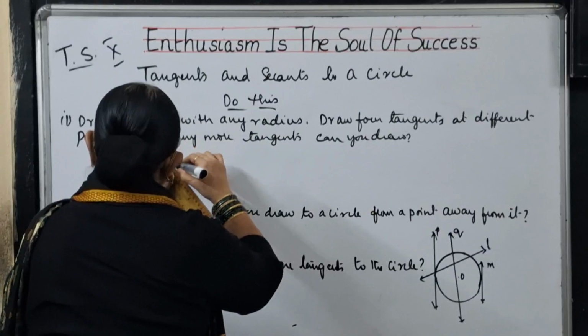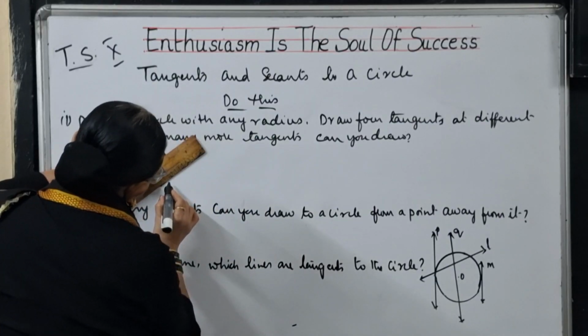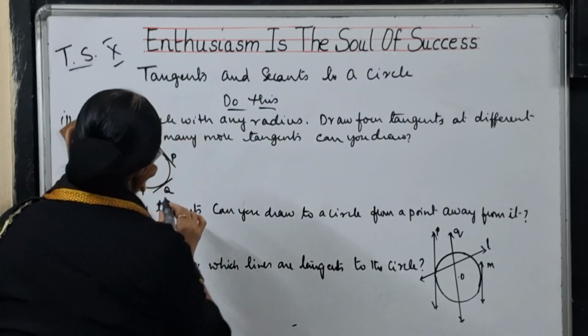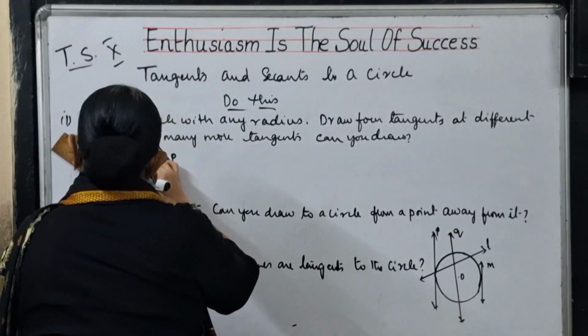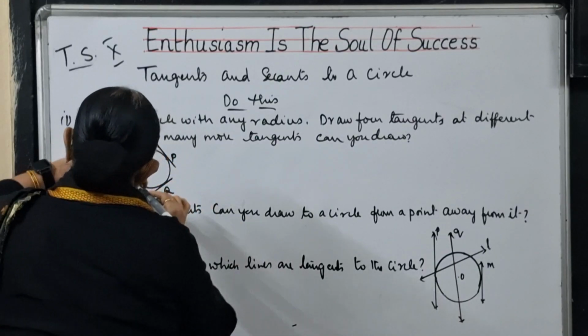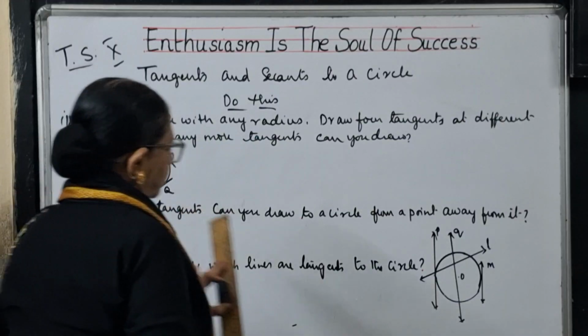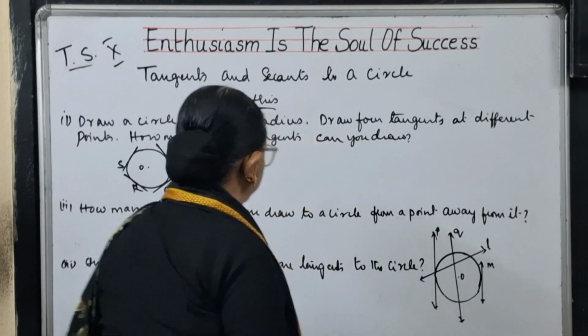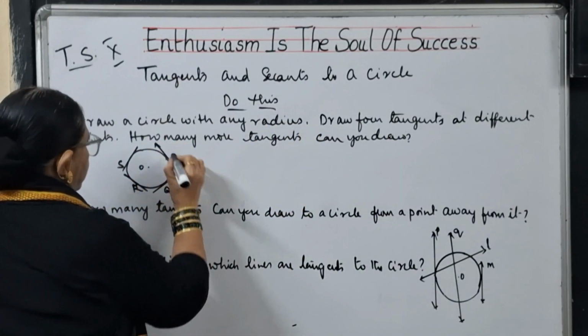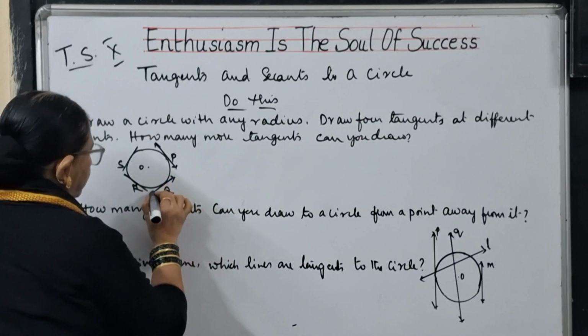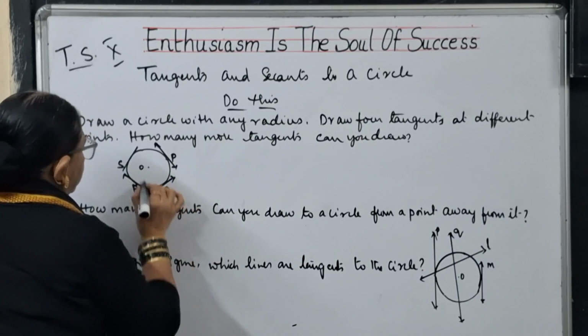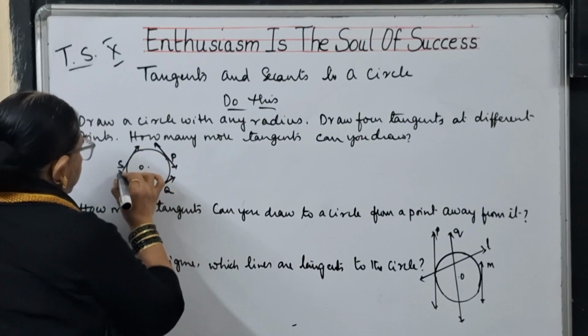So through P1, Q1, R1, S1, these are the tangents that I have drawn. This is 1, 2, 3, 4.